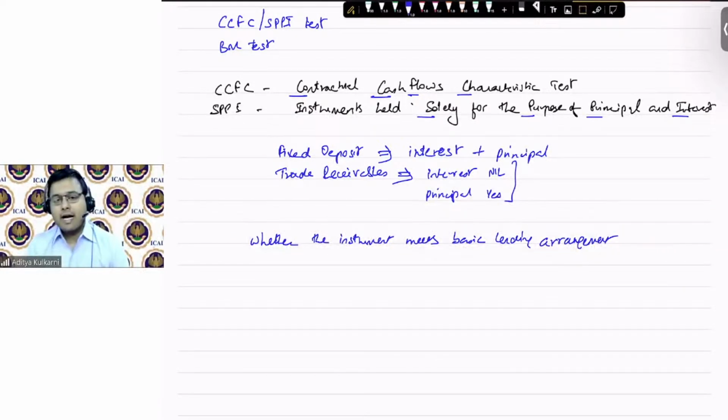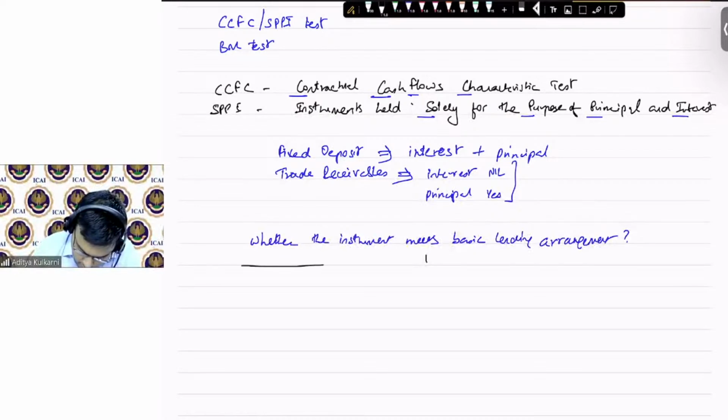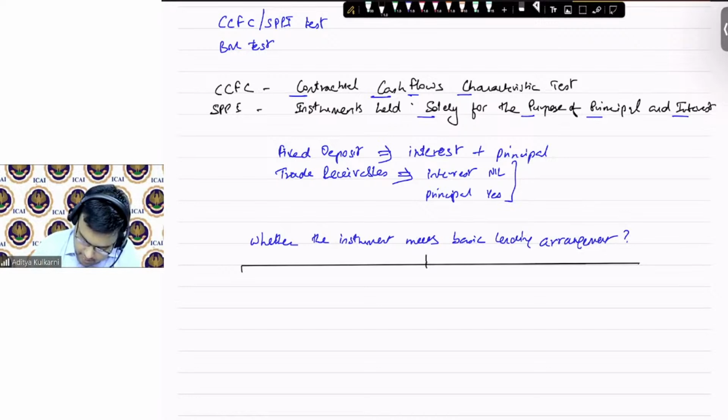When you look at a financial asset, the first question that you will be asking is whether the instrument meets a basic lending arrangement. Okay. So what do you mean by basic lending arrangement? Well, you will tell me.